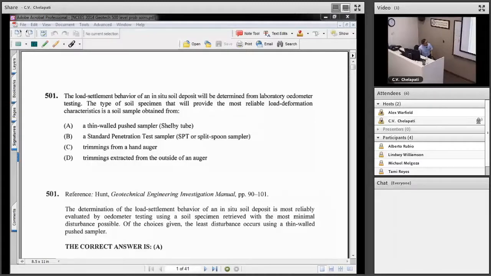A thin-walled push sampler or Shelby tube, an SPT, standard penetration test sampler or split spoon sampler, trimmings from a hand auger, or trimmings from the outside of an auger.